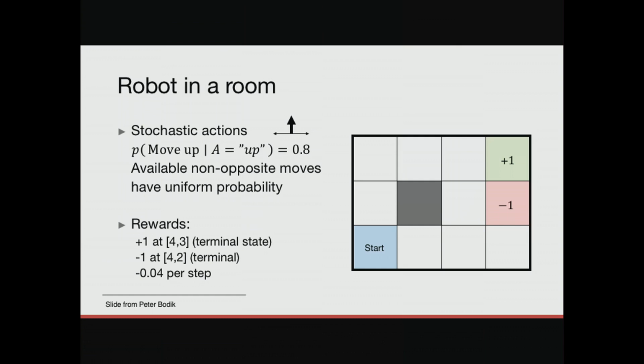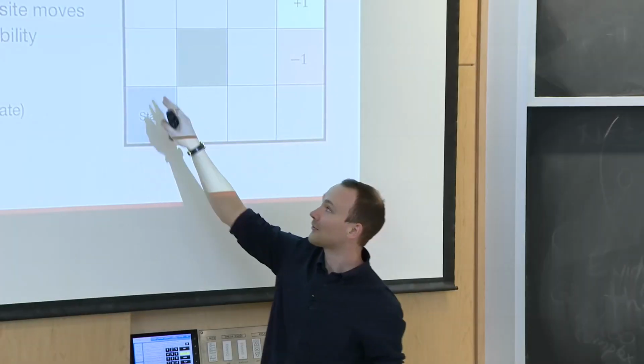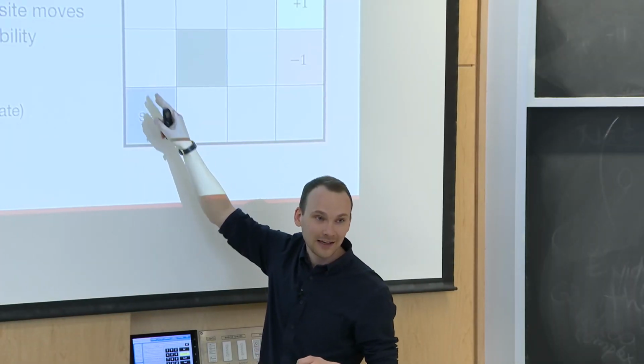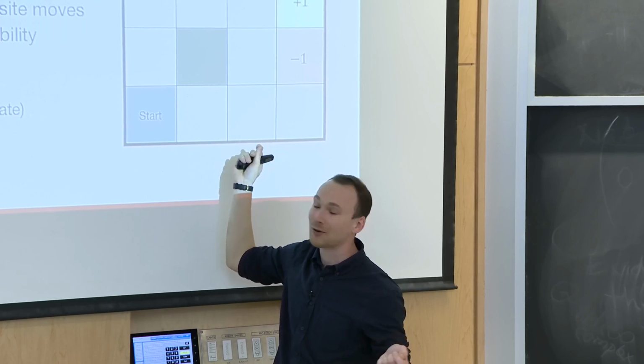Anyway, the rules of this world say the following. If you tell the robot, who is traversing this set of tiles here, to go up, there's a chance he doesn't go up, but goes somewhere else. So we have stochastic transitions, essentially. If I say up, he goes up with 0.8 probability, and somewhere else with uniform probability, say.